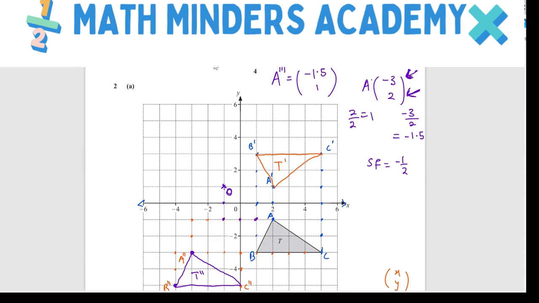So from the center, to locate A prime prime prime, we are going to take 1.5 steps behind. So this is where it is, 1.5, and we take 1 step up. So this is where A prime prime prime will be.